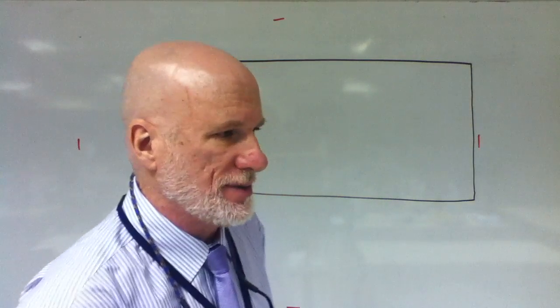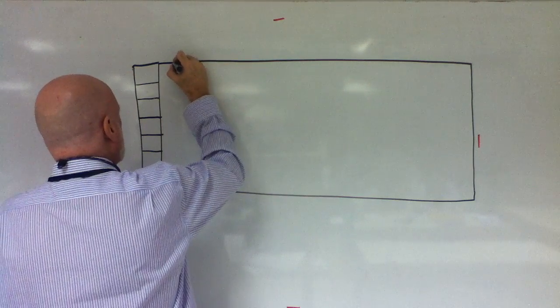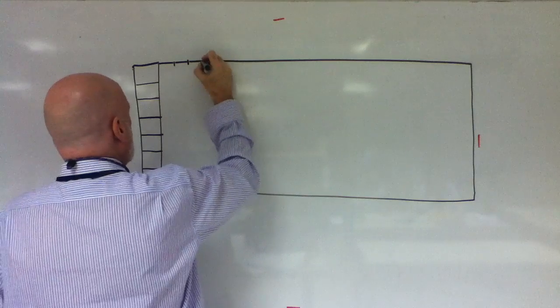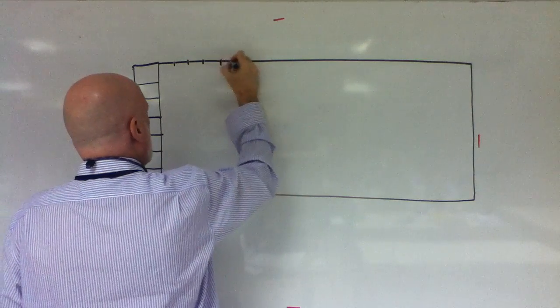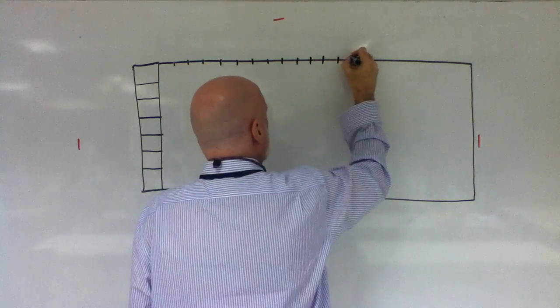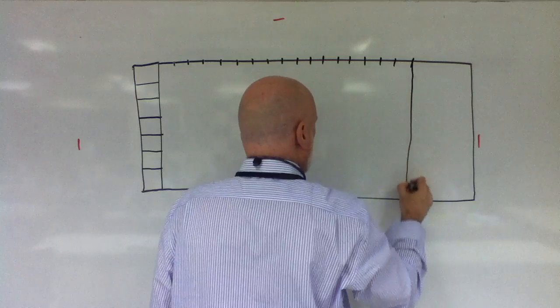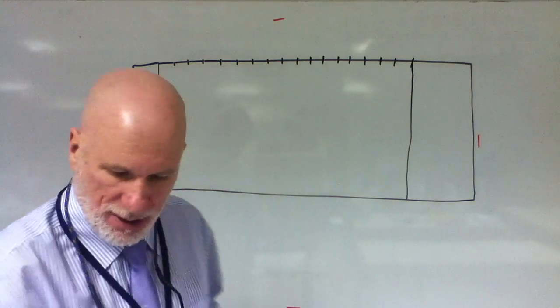Lizzie, you're going to want to do this, so get some paper out. Then you're going to try to do 18 columns: 1, 2, 3, 4, 5, 6, 7, 8, 9, 10, 11, 12, 13, 14, 15, 16, 17, 18. So that's 18 columns.